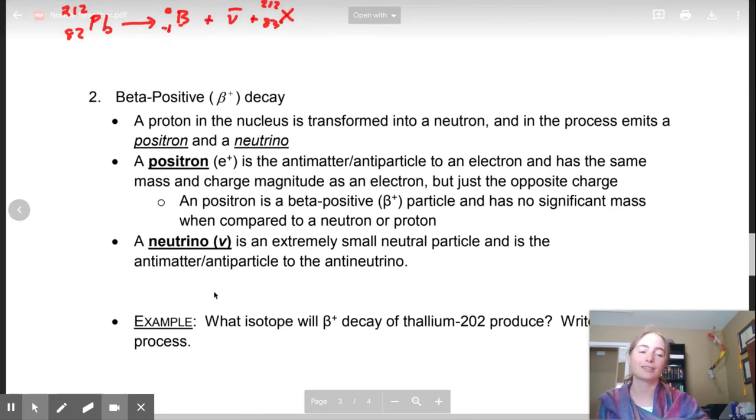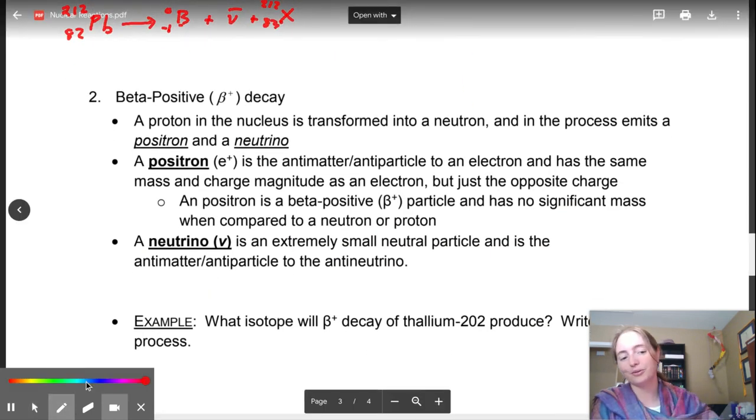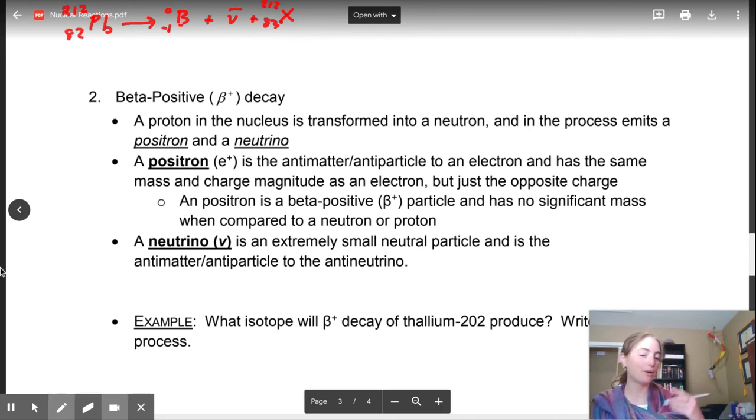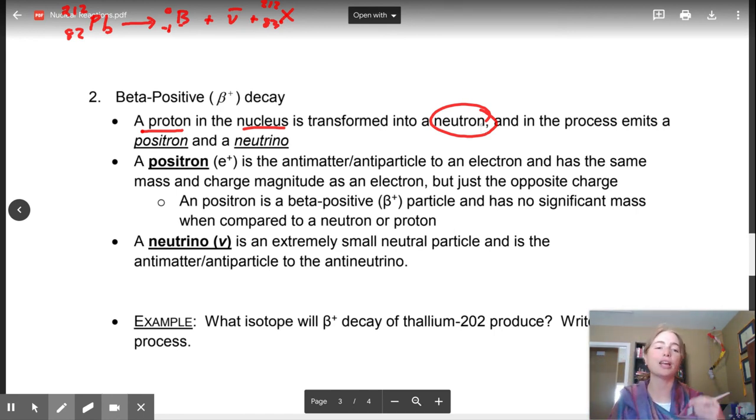Now we're on to our beta positive decay. Remember how I talked about antimatter? In this case, a proton in the nucleus is going to be transformed into a neutron. What this gives us is a positron and a neutrino.